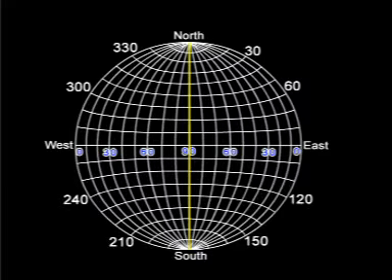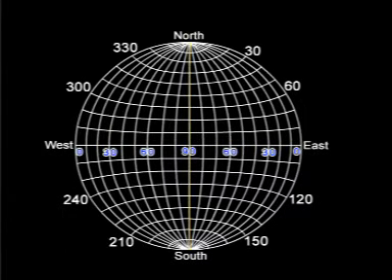So, a plane with 90-degree dip in the north direction will look like a straight line as shown in this figure. Let us try to construct a plane of 90-degree dip in north-south direction. This will be a north-south strike plane with 90-degree dip.